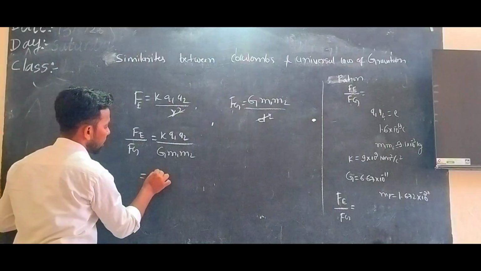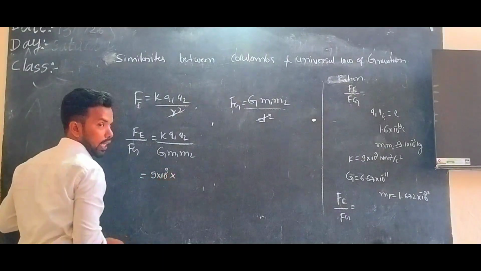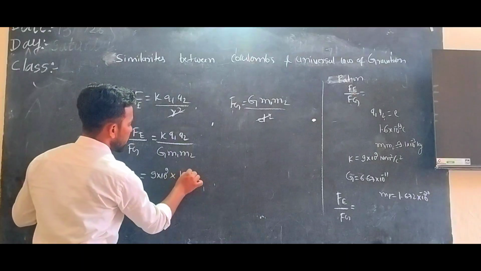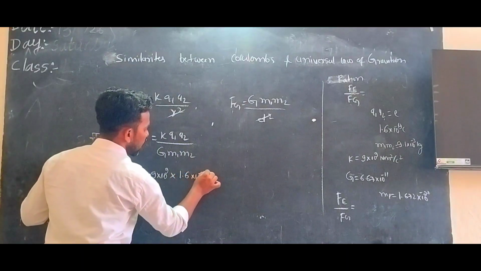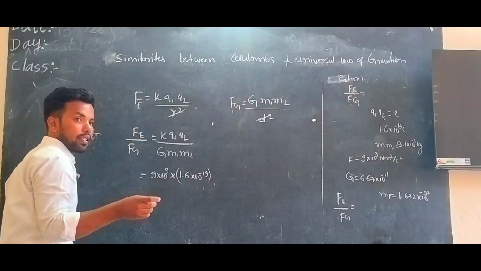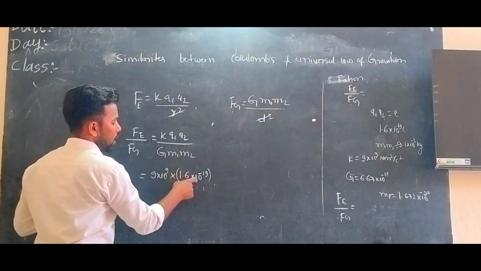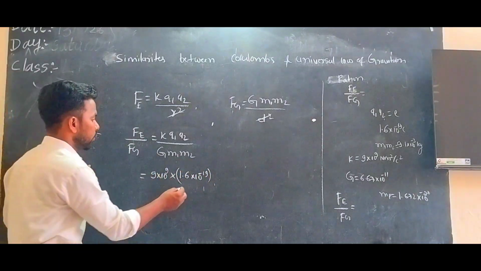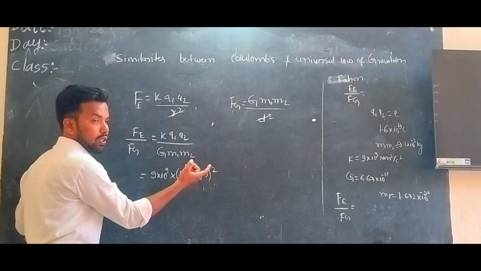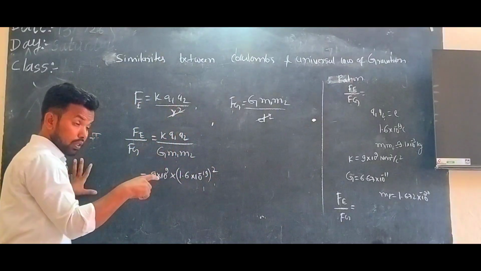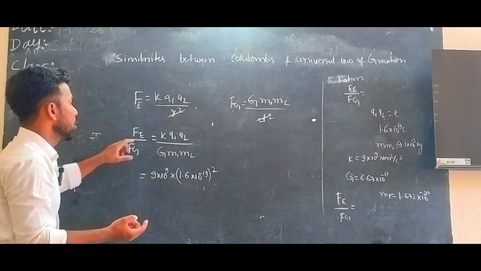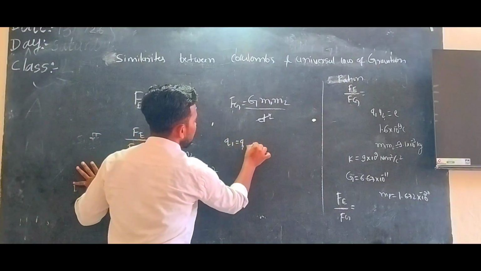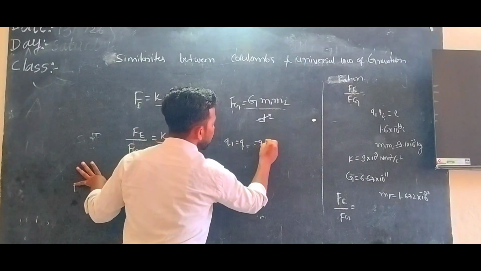K is 9 into 10 to the power 9. Q1 is 1.6 into 10 to the power minus 19. Let us take both the same charge, so 1.6 the same. Q1 is equal to Q2, so Q into Q is Q square.